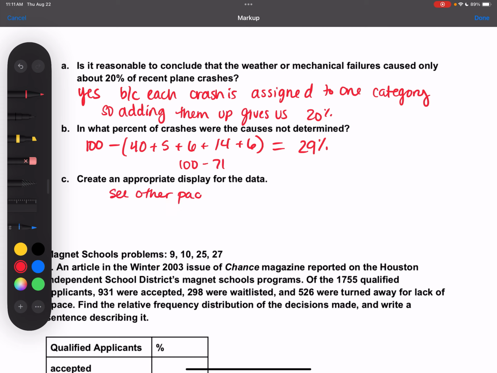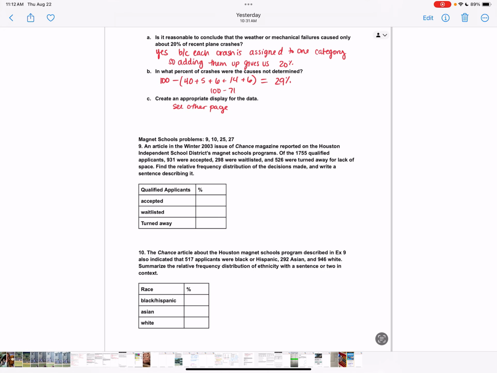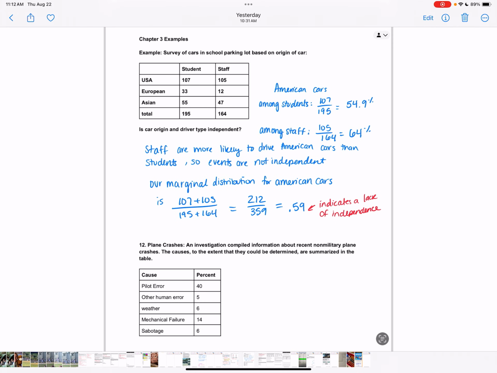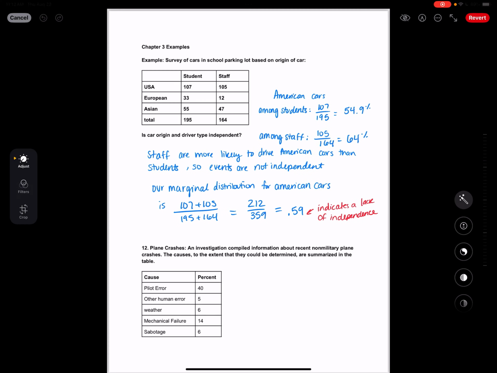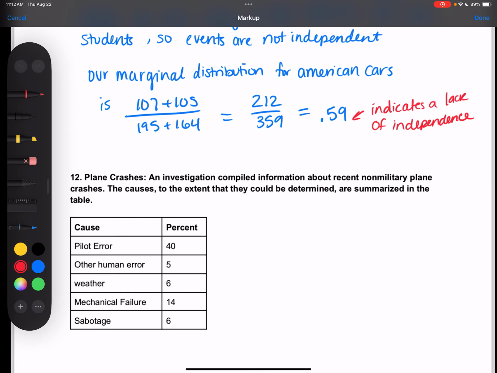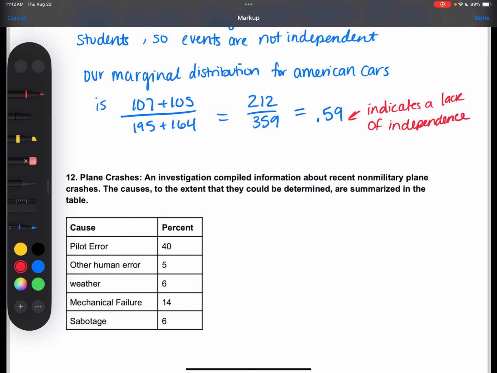All right, I'm going to scroll back to the other page to do this display. What display do you think we should use on this one? Pie chart, because I heard you say. Yeah. That's not the only option, but yes, that is what I'm going to do. Oh, that's going to be easy then, because we just have to split it up.